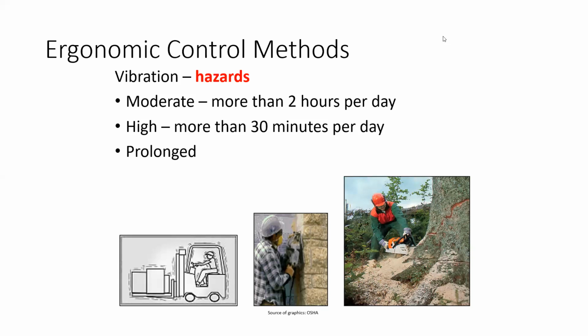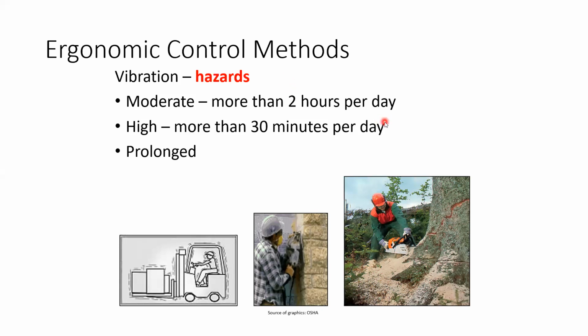Okay, vibration hazards. Vibration means using hand tools with a high vibration level for more than 30 minutes per day, or using hand tools with moderate vibration levels for more than 2 hours per day.